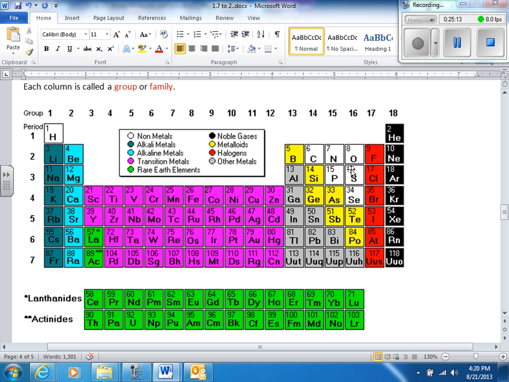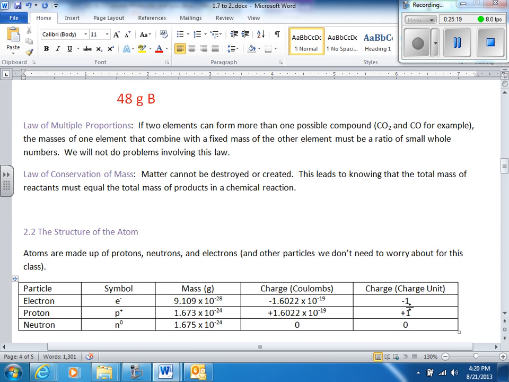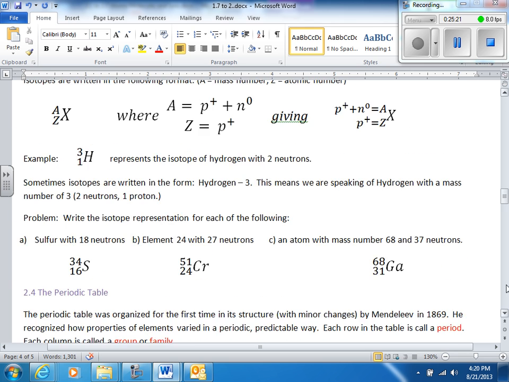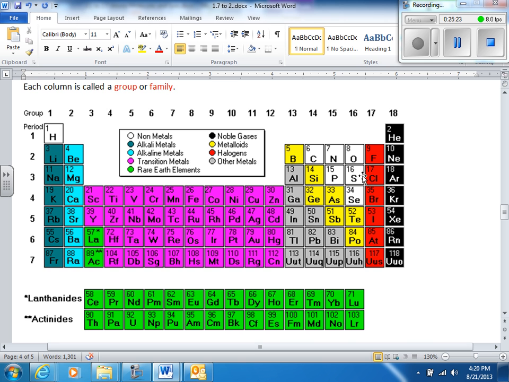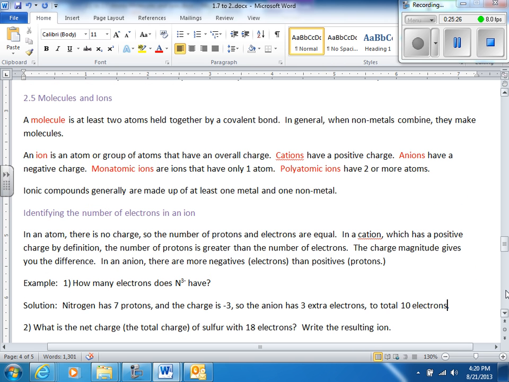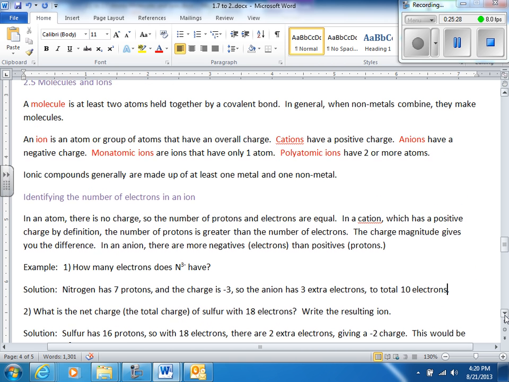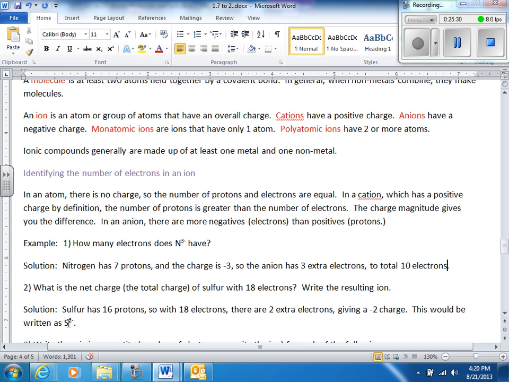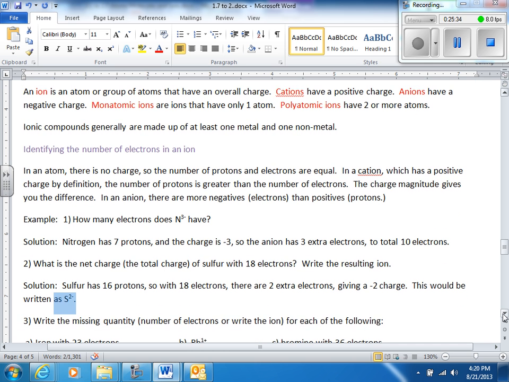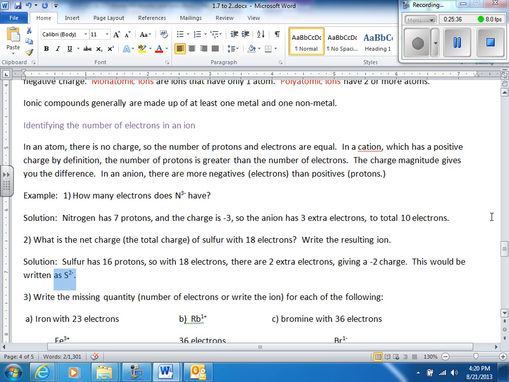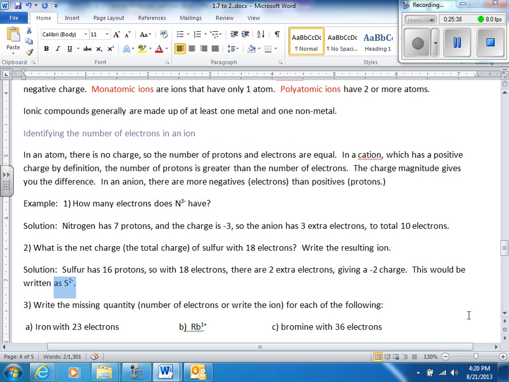Sulfur has 16 protons. If it has 18 electrons, electrons, remember, are negative. We have more electrons. 16 protons, 18 electrons, 2 extra electrons gives us S2 minus, right there. Okay, you're going to write the missing number. Go ahead, pause this, and here come the answers.